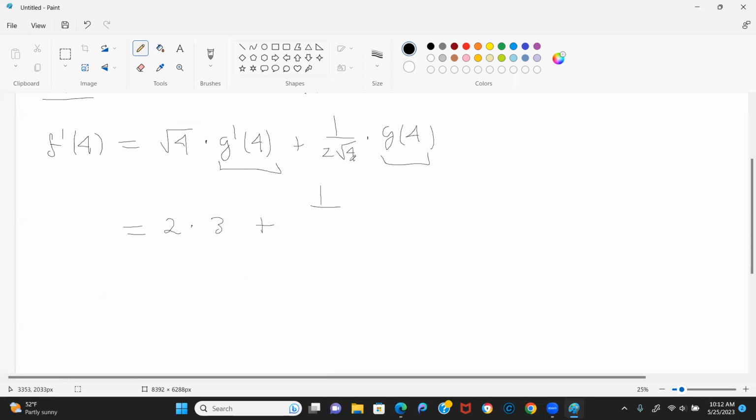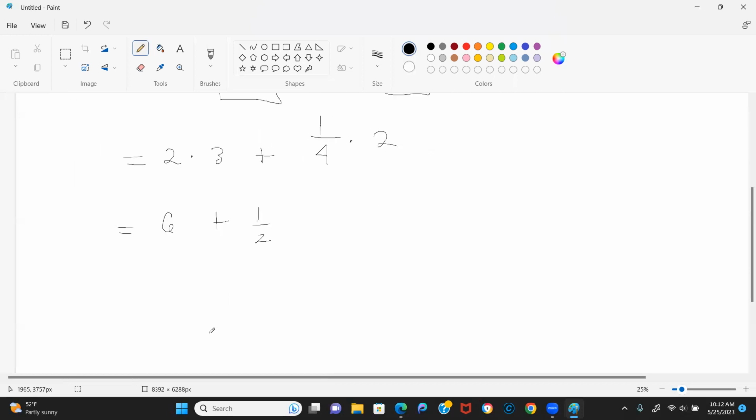And then we have 1 over 2 times square root of 4, which is 2, so we have 4 times g of 4, which we're told is 2. And then that implies that we get 6 plus, I guess, 1/2. And so that would imply that this is, well, they write it as a decimal. I guess you can write it as a decimal, 6.5.